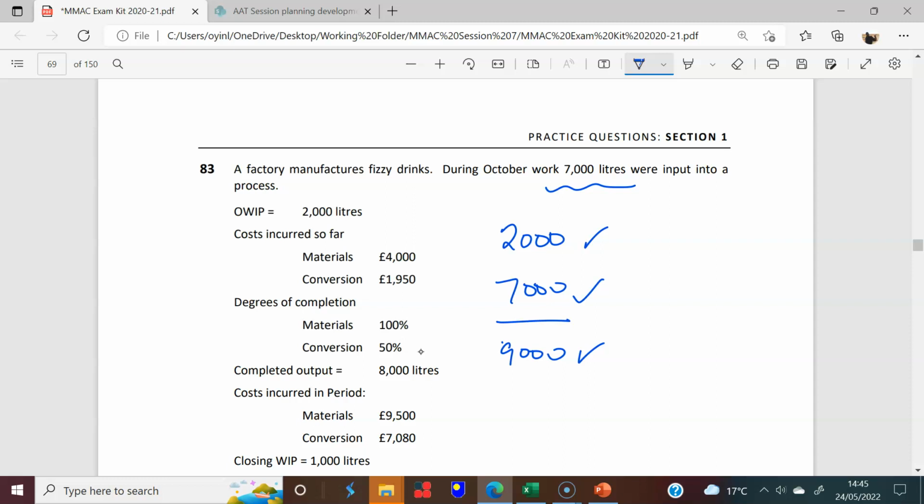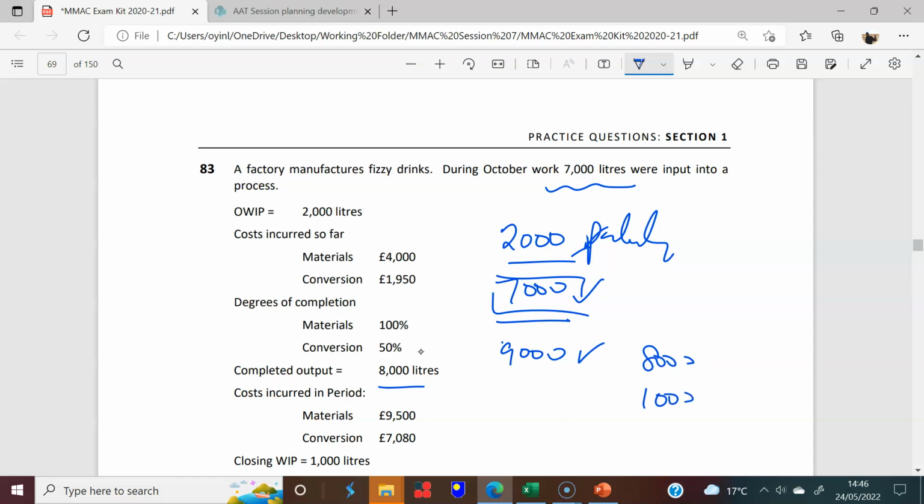When I pour this in, I complete these first, and then I start working on the new ones. But I end up with 8,000 complete liters, but I have 1,000 unfinished liters.